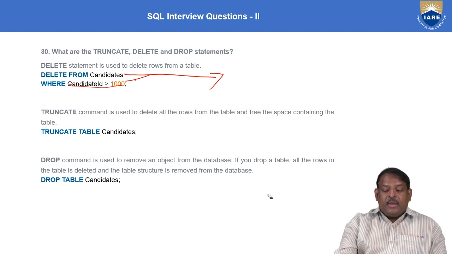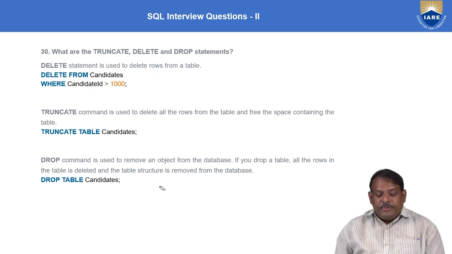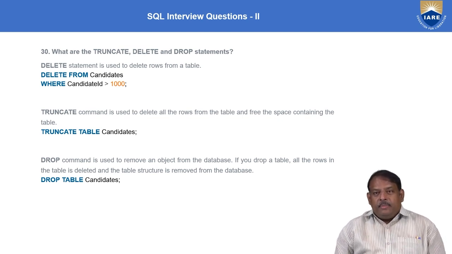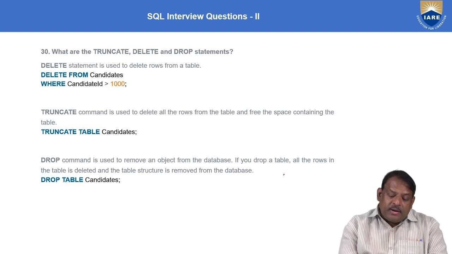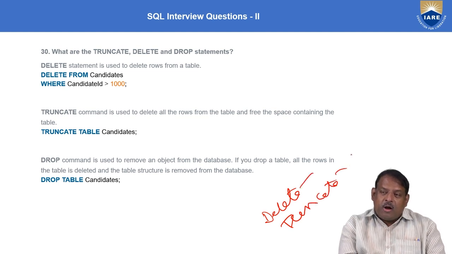And next we have the drop command. The drop command is used to remove an object from the database. If you drop a table, all the rows in the table will be deleted, and the structure is also removed from the database. When you use delete and truncate, your data is lost, but the structure of the object remains.